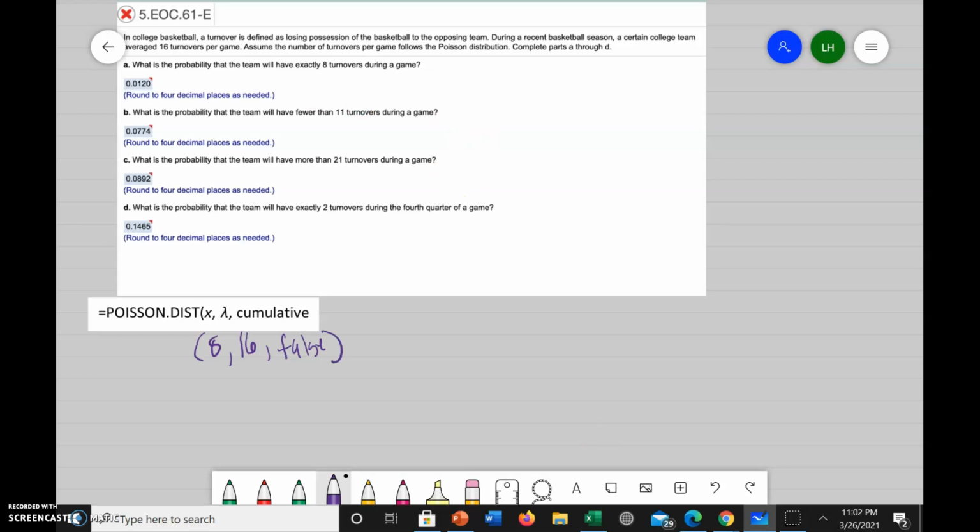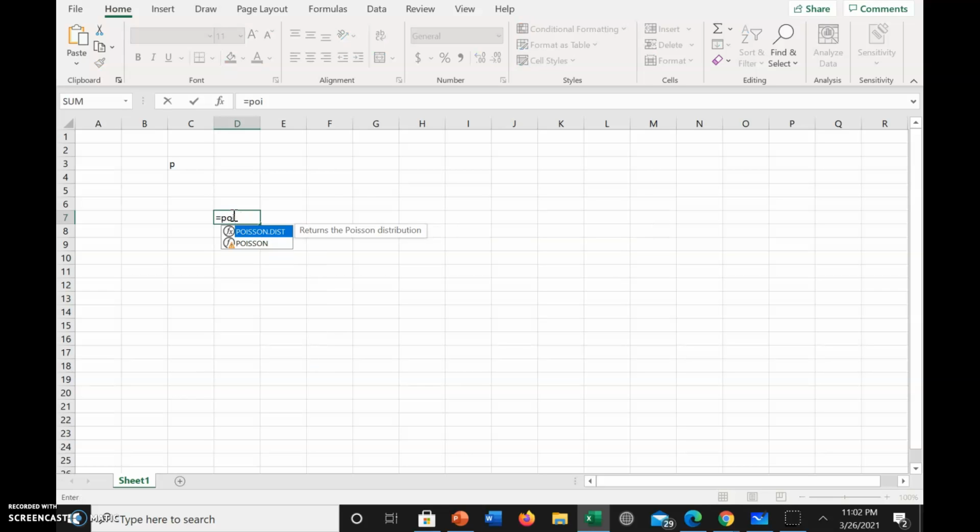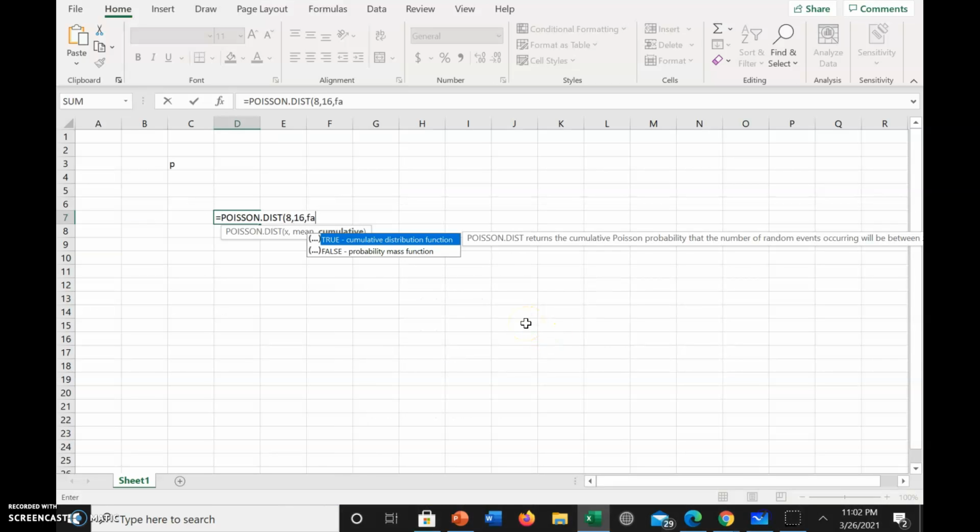So if we go into Excel, let's do equal Poisson, and we said x is 8, the mean was 16, and we want false.